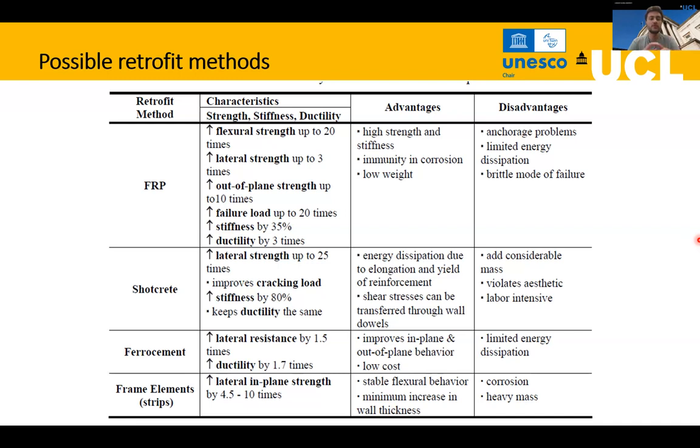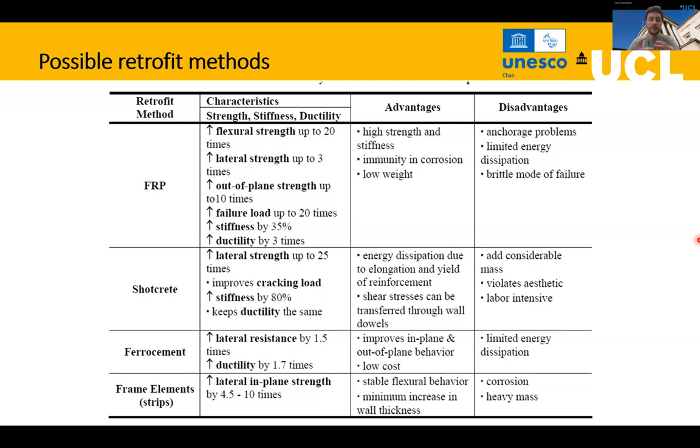We saw this type of mesh, but that can also be done with FRP or with shotcrete or with ferrocement or any other type of material that will stick to the walls. Each of these materials has, of course, a lot of advantages and disadvantages. FRP, for example, has a very high strength and stiffness and a very low weight, but it has a lot of problems with anchorage.